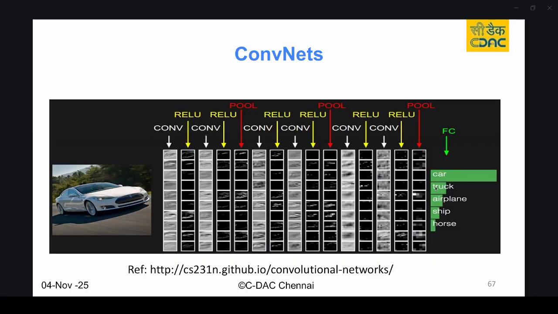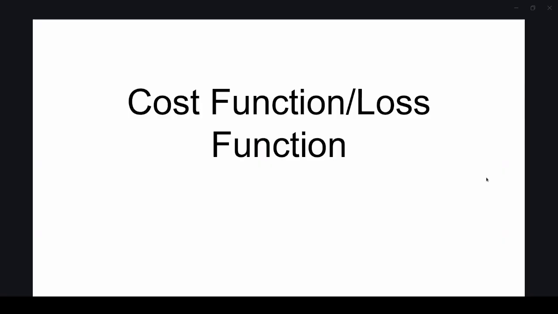Each of the 1,000 neurons will output a value. The maximum output will be for car, because a car is present in this input image. So by the probability value, we identify whether an object is present in the image or not.